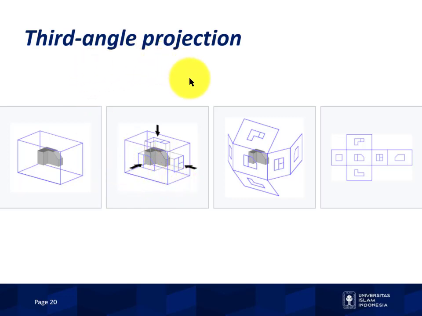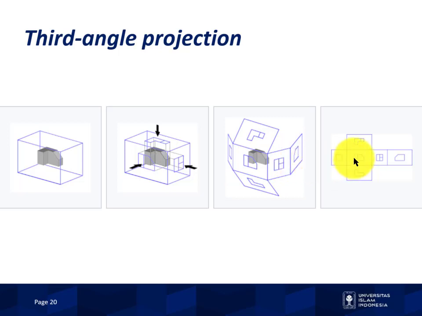The third angle projection is a projection that I think is very familiar to our eyes, because we draw the view from here on this side. We draw the view from here on this side. We draw the view from the top here on this side. So third angle projection is like a projection in a simple way.